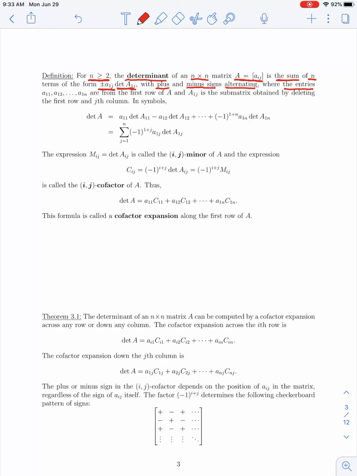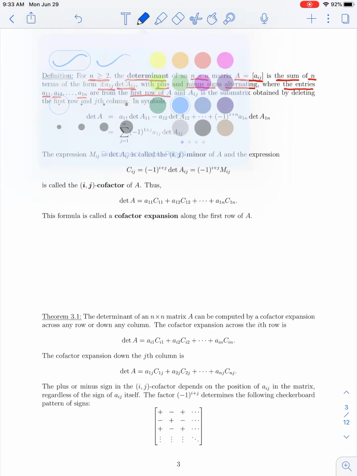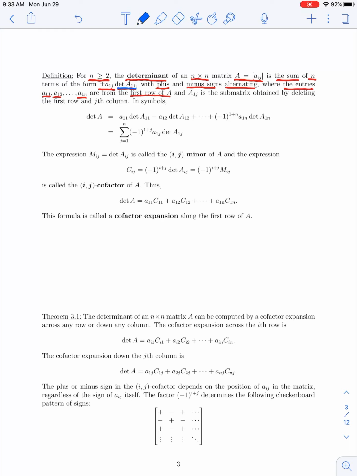And these entries, A11, A12, up through A1n, are coming from the first row of our matrix A. Now, we're multiplying those entries times the determinant of some matrix capital A sub 1j. So what is capital A sub 1j? Well, it is the submatrix that is obtained by deleting the first row and the jth column.